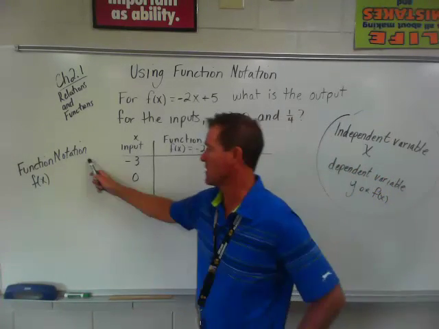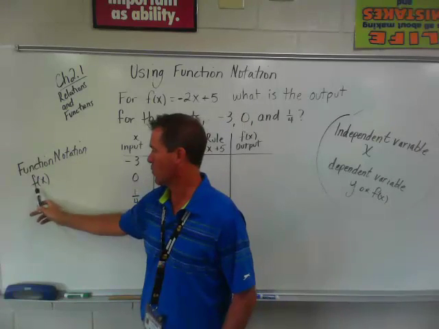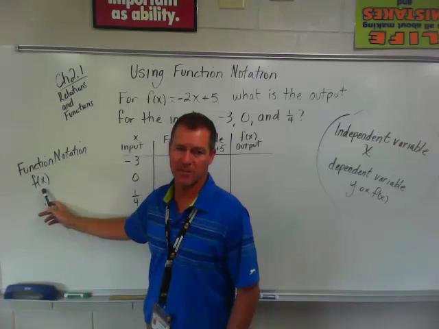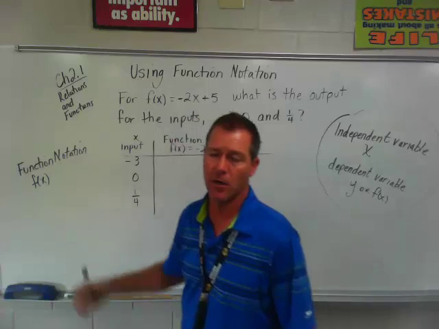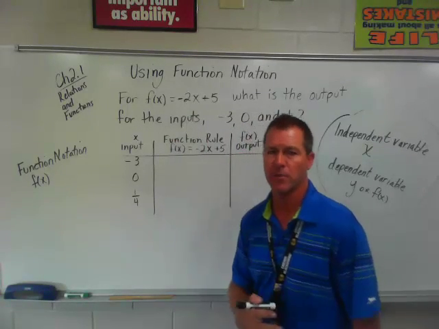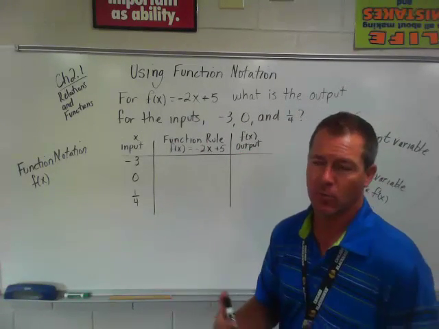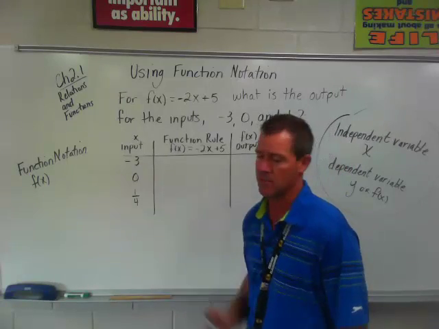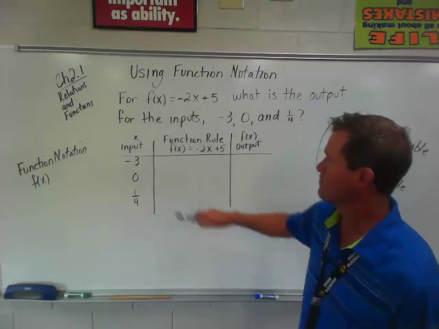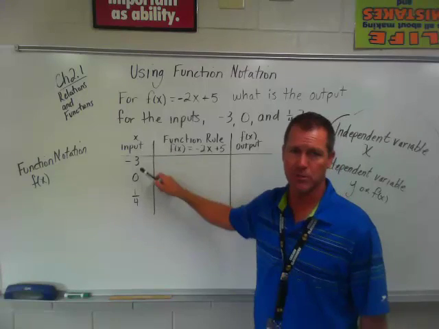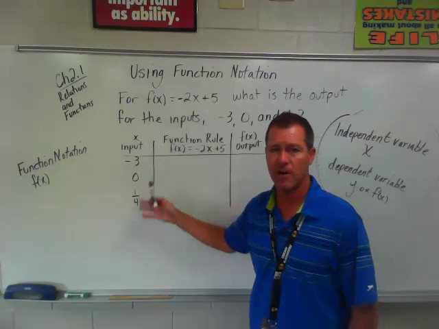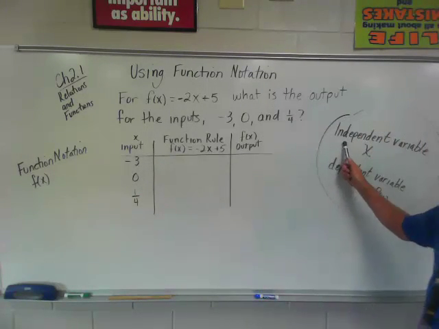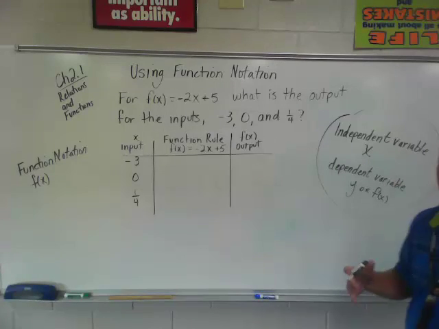Function notation, first of all, is where instead of writing y, we write f of x. We might use g of x or h of x, depending on what we call the function. In this case, it's f of x. I've listed my inputs. Remember, the inputs are the x values, also known as the independent variable.